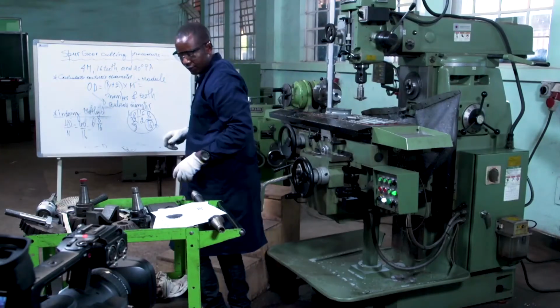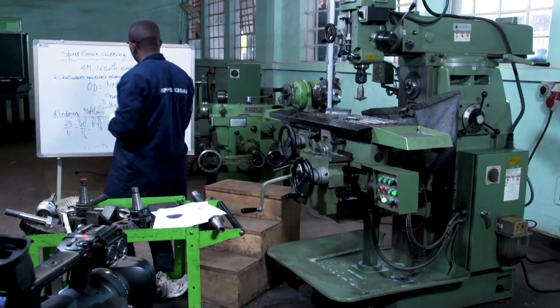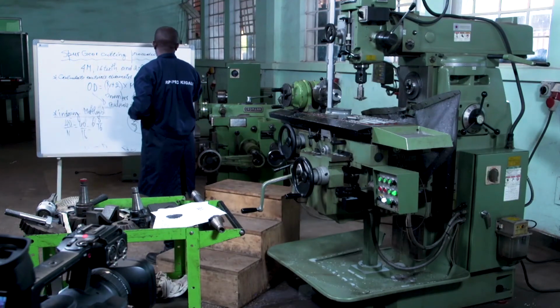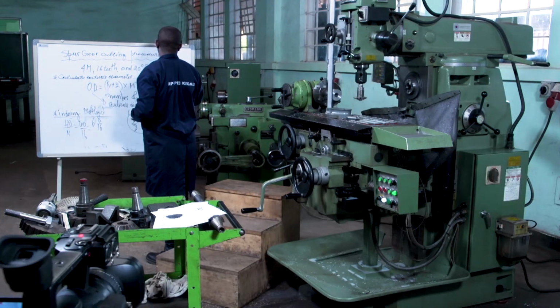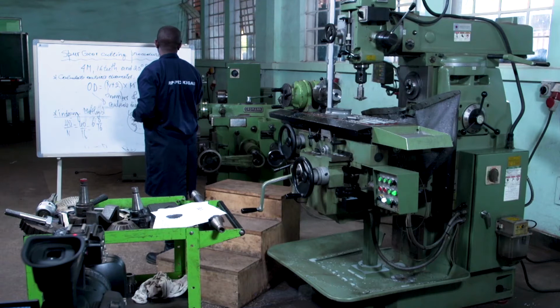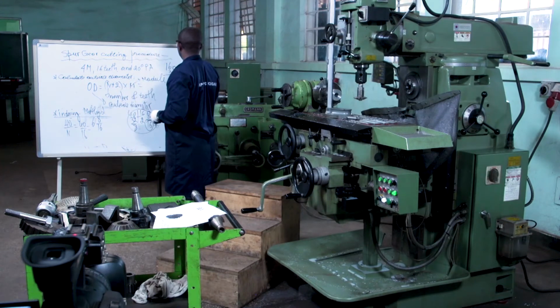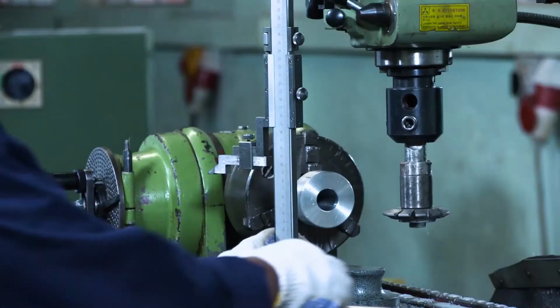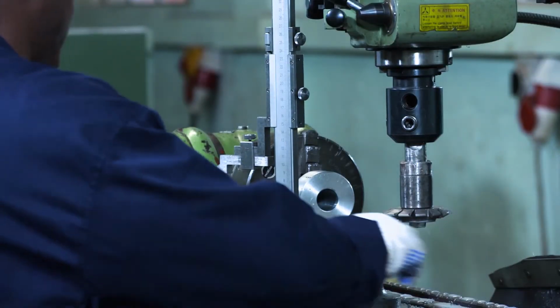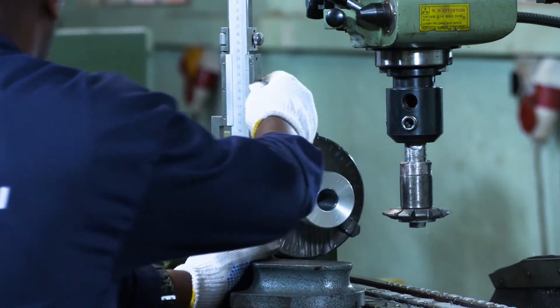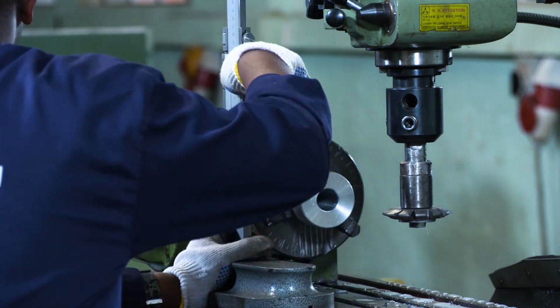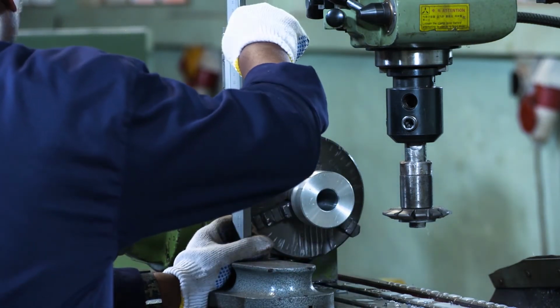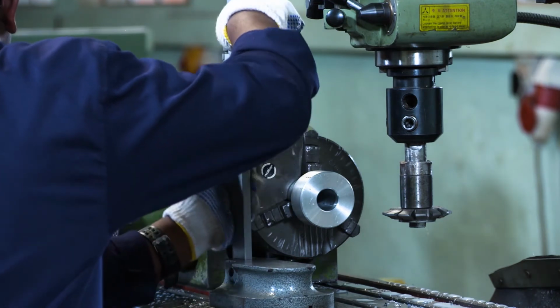Means that 160 minus 32 is 128, which is the center of the milling cutter. I have to set the vernier height gauge at 128.